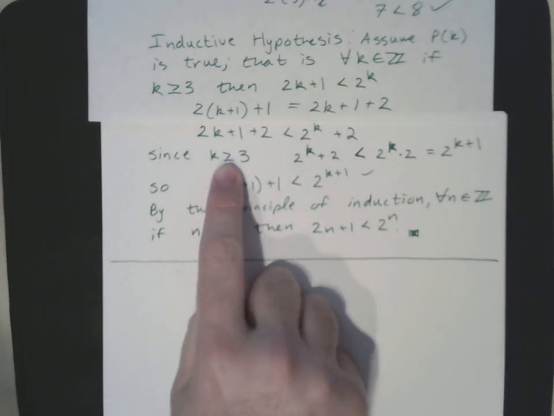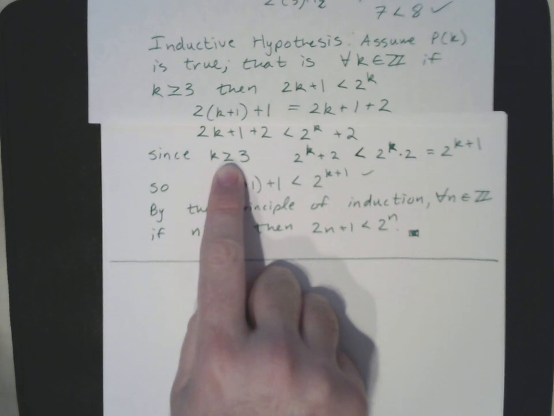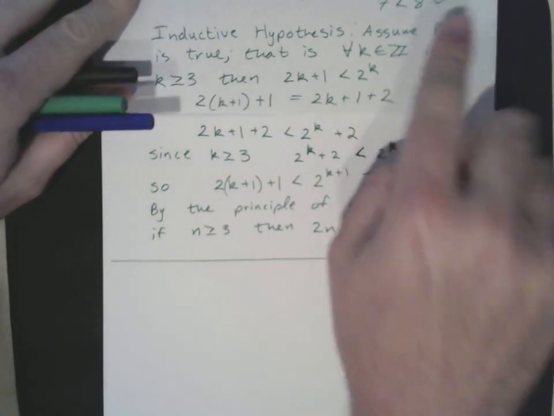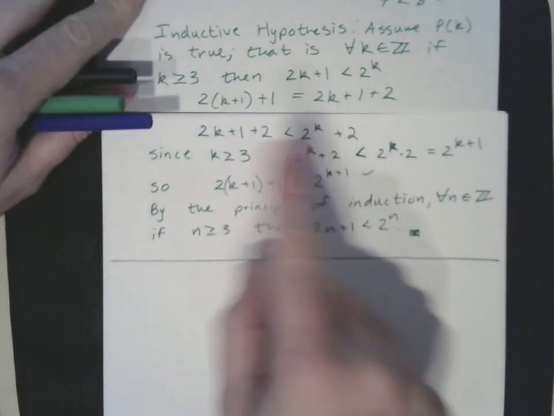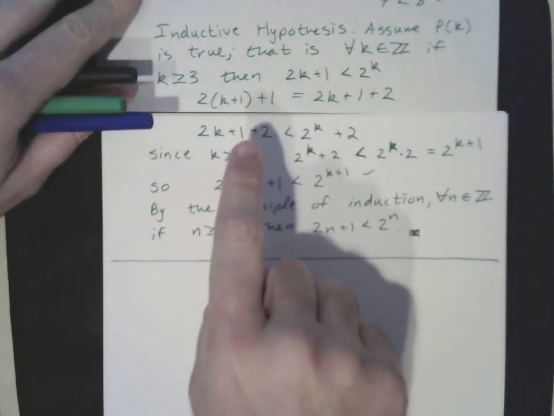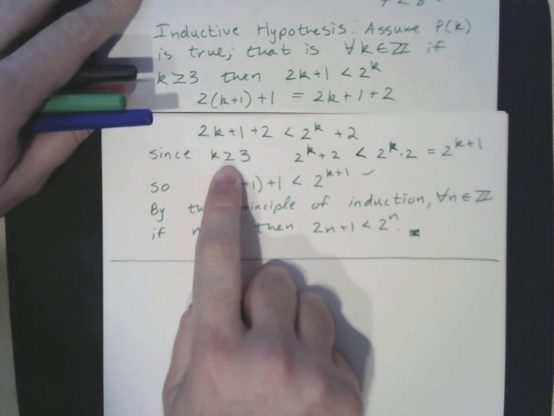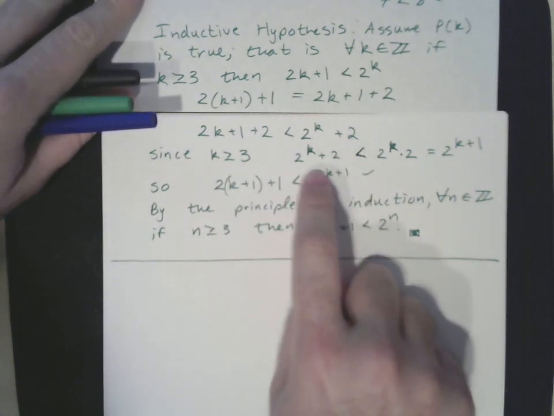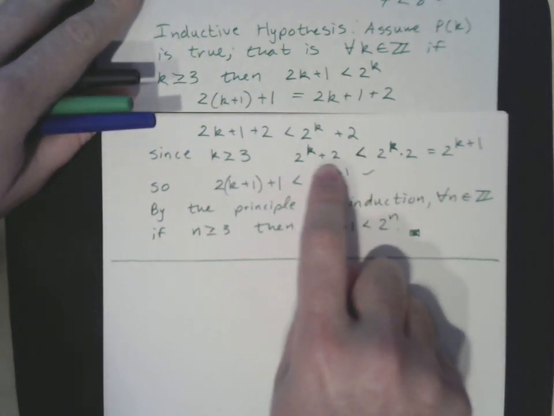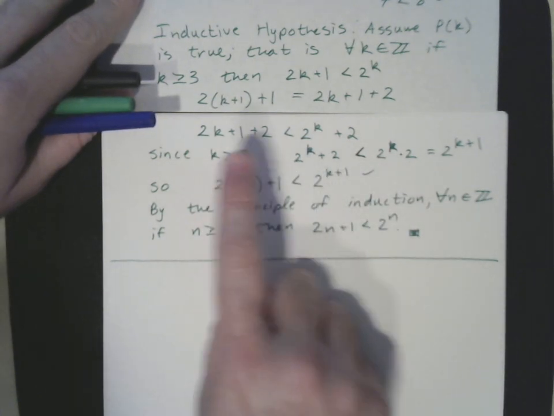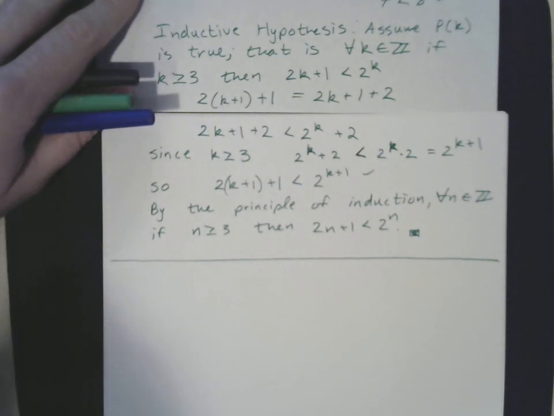And you're going to most likely be using that in conjunction with your inductive hypothesis. So you're going to assume your inductive hypothesis, work through that logic for the k plus 1 case, and then need your restricted domain to justify a certain step. In this case, like I said earlier, this proof fails because this inequality is not true if we start at 1, for example. So we start here, and that's what gives us the whole proof.